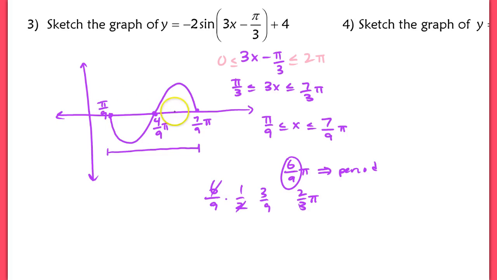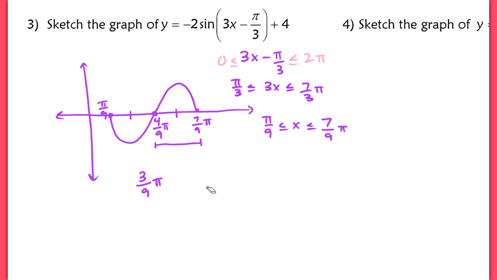Now we have to figure out this point and this coordinate here. So we want to take the distance here and cut that in half as well. So that would give you what, 3/9. So the distance there was 3/9, which we already knew. I shouldn't have even asked. But we take that 3/9 pi, we cut that in half. Okay, and we end up with 3/18 pi. So I want to add 3/18 pi to 4/9 pi to figure out what that value is.